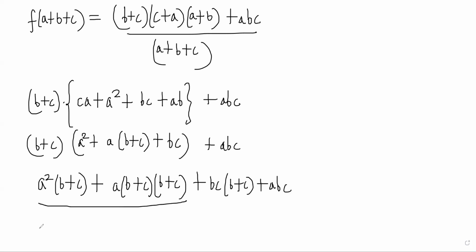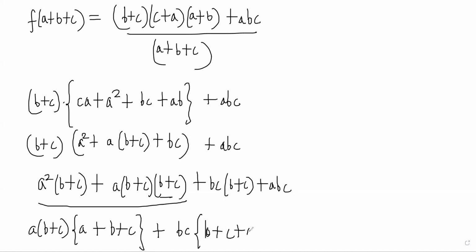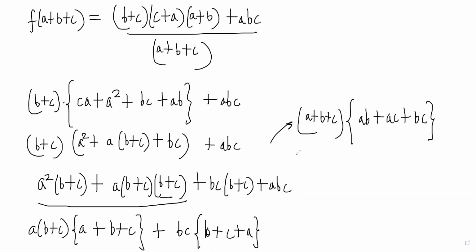So in these two terms, I can take common a times b plus c. I get a plus this b plus c. And in the second two terms, I take common bc and I get b plus c plus a. And finally, I can take a plus b plus c common from both of these, and I end up getting ab plus ac plus bc.